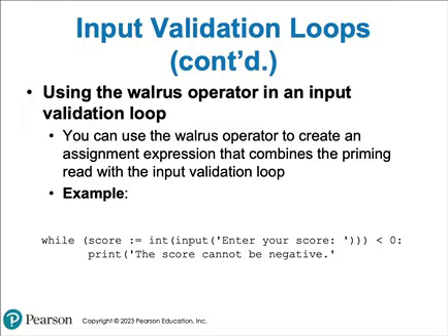But at the same time, that return value is returned and then compared to 0 and used as a condition for the while. So basically, while you're giving scores that are less than 0, it's going to say the score cannot be negative, and turn around and execute that input statement again, which is going to prompt you to enter another score.